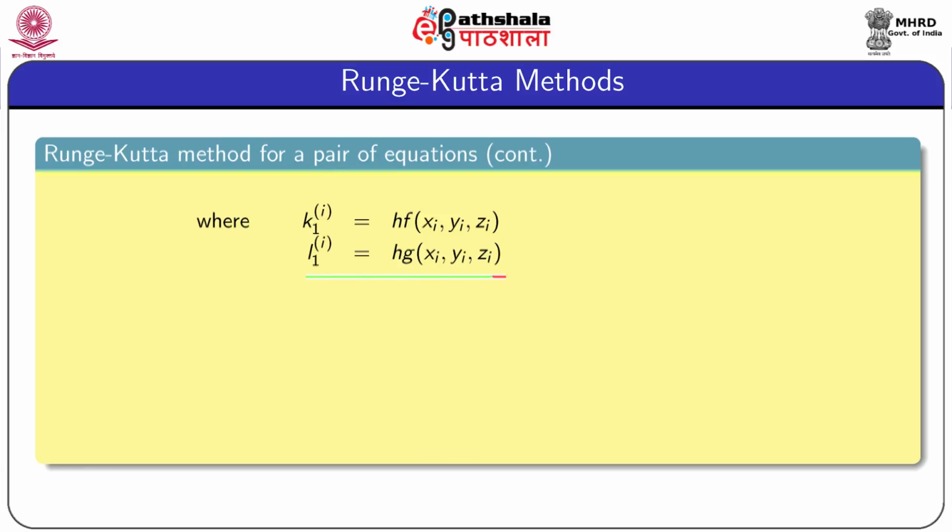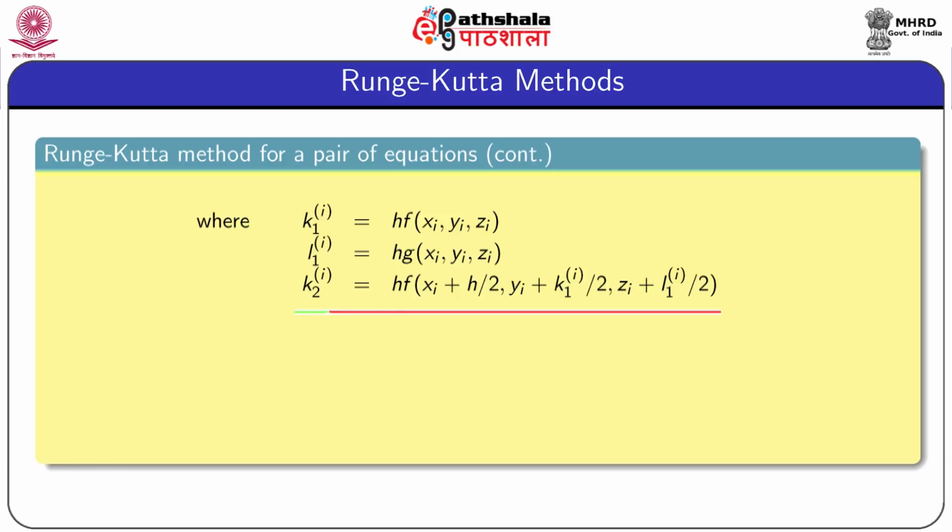Note that these two expressions are the same except for the name of the function, f and g. k2i equal to h into f of xi plus h/2, yi plus k1i/2, zi plus L1i/2. And the formula for L2i is exactly similar to k2i, only the function f is replaced by g.